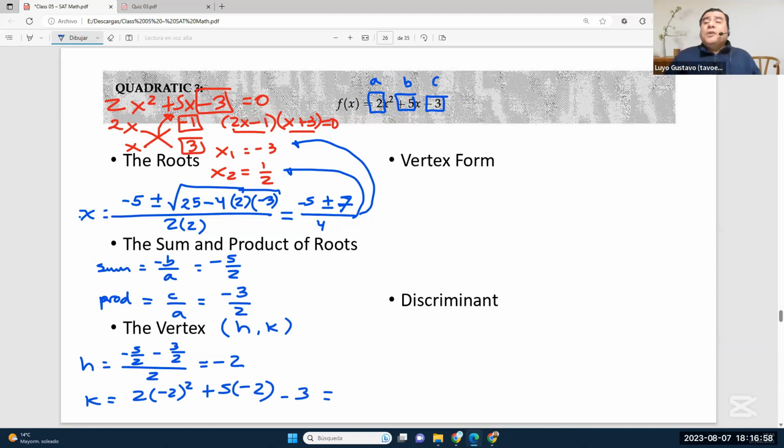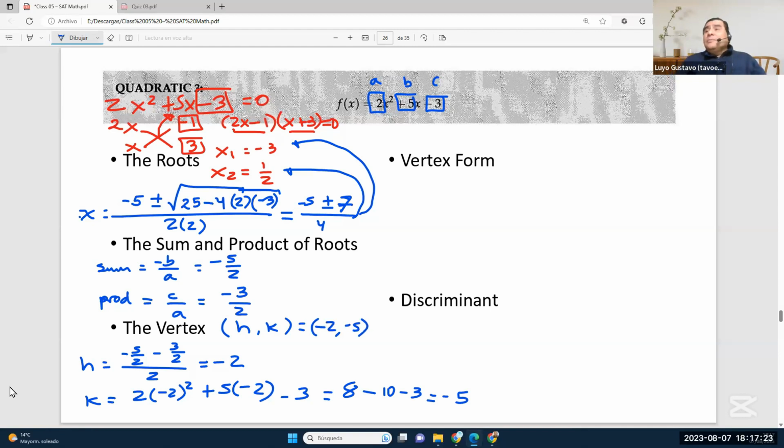You have 4 times 2 is 8, and then you have 5 times negative 2, negative 10. So negative 13 plus 8 is negative 5. So we have the vertex, that is to say, negative 2, negative 5.